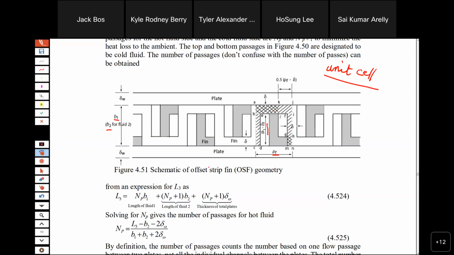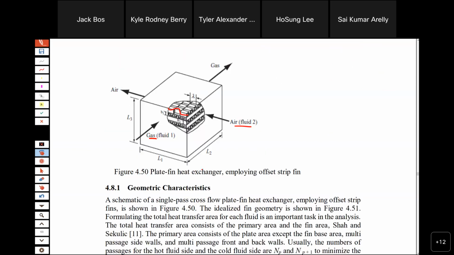So many heat transfer areas. We say L1 for the gas, the hot side. L2 is for the other fluid, because this is a cross flow. L3 is the height.